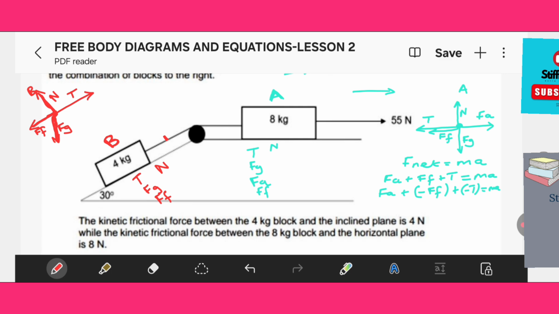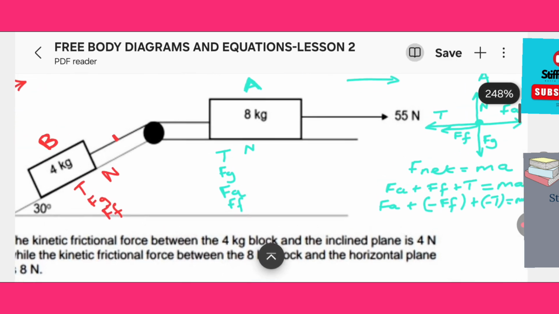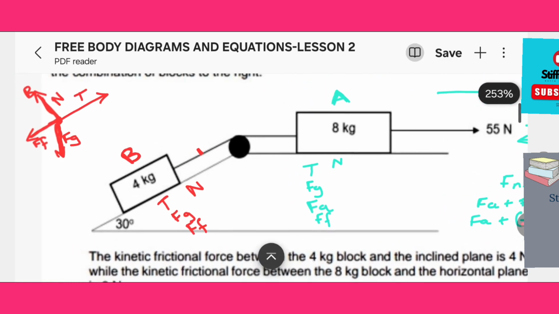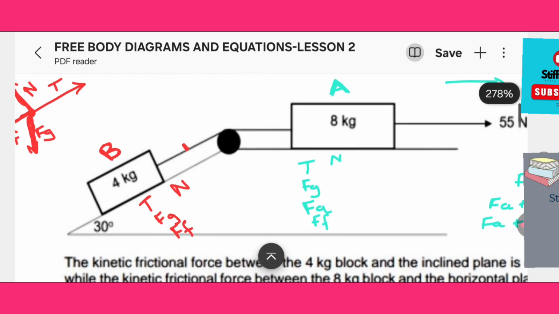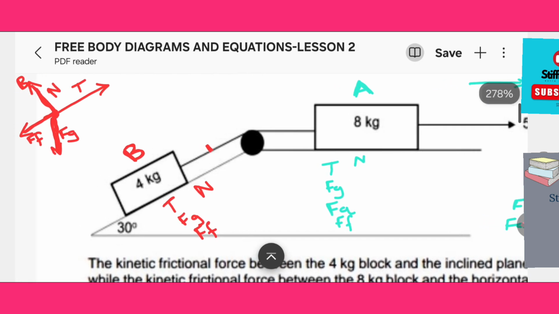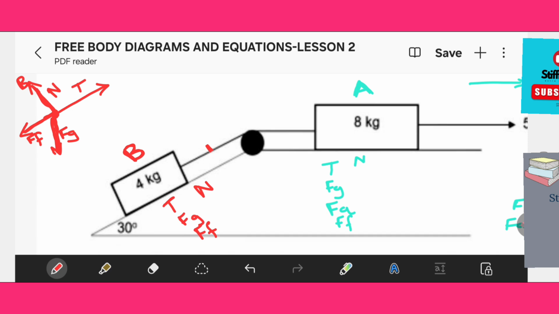But now, how do we formulate our equation of motion of this object? Let's see how we can formulate the equation. What do we know about this? We know that our F net is equivalent to mass times acceleration.